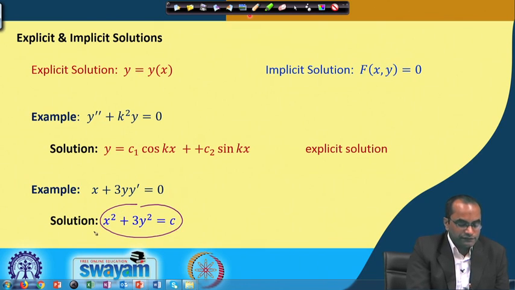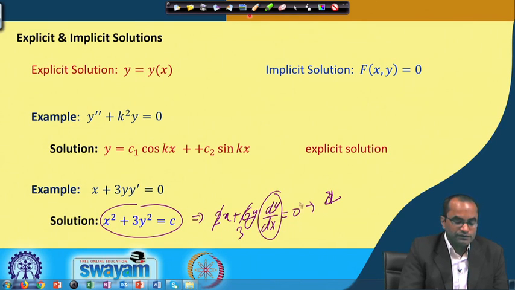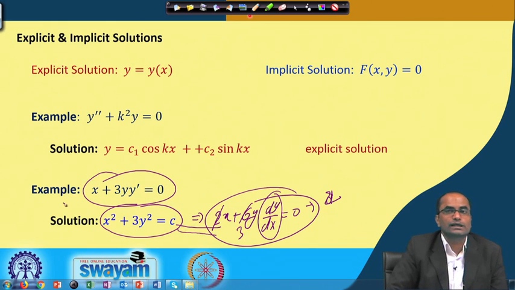So, if we differentiate this, for example, what relation are we getting? 2x plus 6y dy over dx is equal to 0. So, we just divide here by 2, and we get x plus 3y y prime is equal to 0. So, naturally it is satisfying this differential equation.